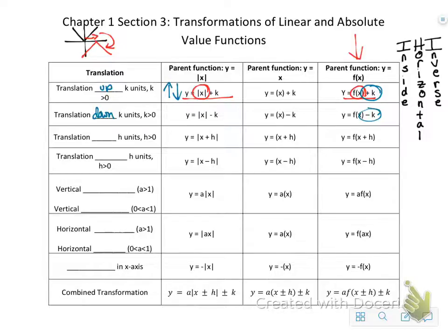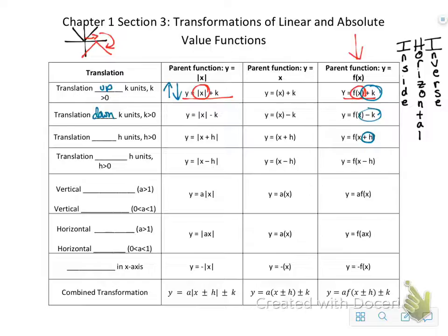Now, if it's inside, here the h is inside of the parentheses, and let's just circle the h. The x is always there inside. I have this acronym. It's called I high. If it's inside, it is now a horizontal change, so either left or right, and you do the inverse of the sign.